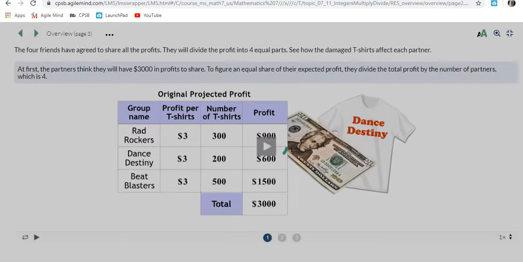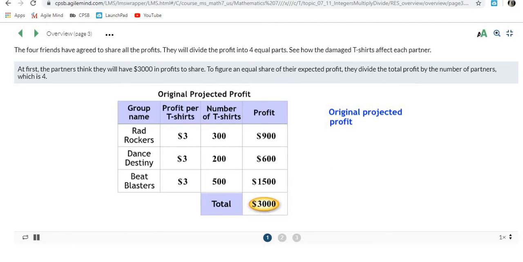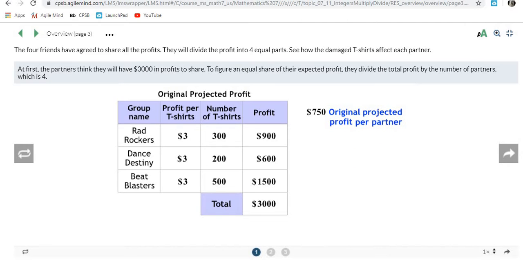Okay, we're also gonna look at how much profit each friend was gonna have. How many friends were there? There were 4 friends. So they were thinking they were gonna have $3,000 divided amongst their 4 friends, and they each would have $750. That's kind of nice.